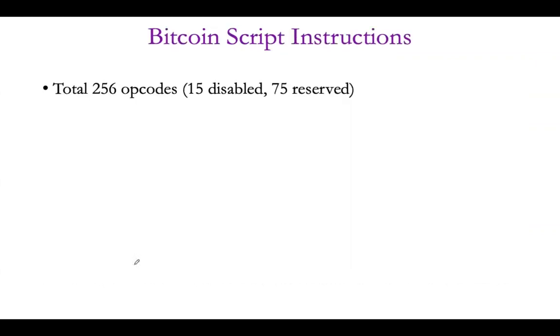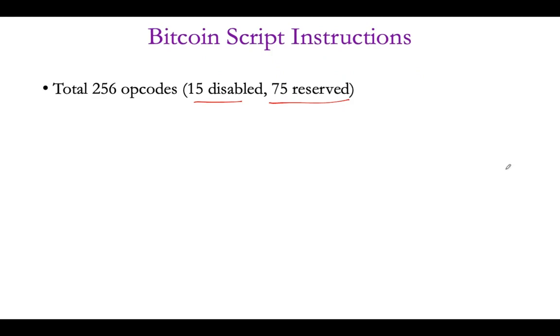So in Bitcoin script instructions, there are a total of 256 opcodes, 256 operation codes. But of these, 15 operation codes are disabled and 75 codes are reserved.